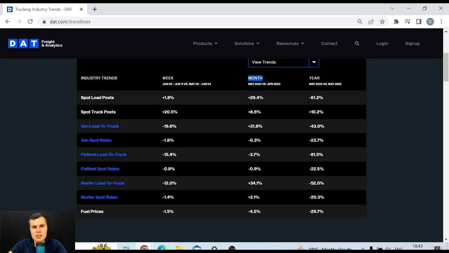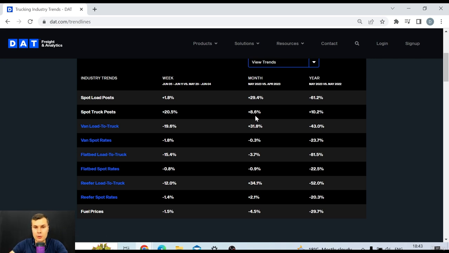First thing we see is spot load posts plus 29.4%. So this means that there are pretty much 30% more loads available on the market in May 2023 than in April 2023. And then we see spot truck posts which grew by 8.6%.